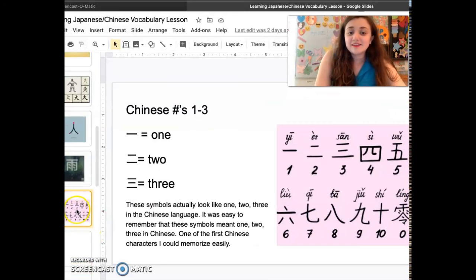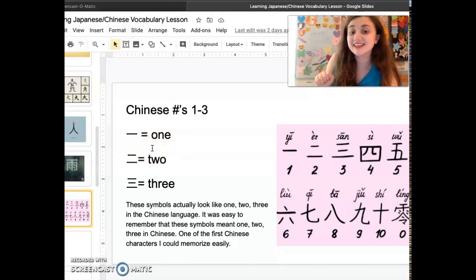And then these 3 characters for 1, 2, 3, I think it makes the most sense to Westerners learning this language who've never studied an Asian language before. So the character for 1 is 1 stroke, yi, and then 2 is er, 2 strokes, and then 3 is 3 strokes, which is san.